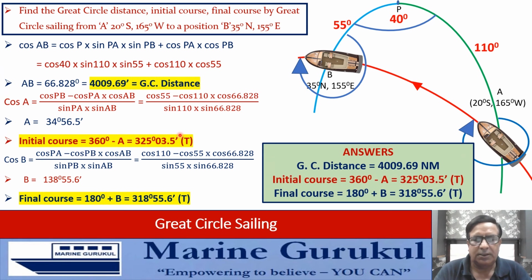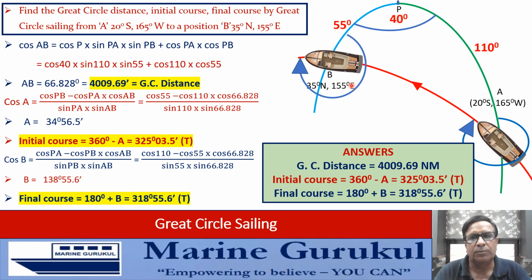We summarize our answers: GC distance, initial course and final course. Now this one has been specially taken because here the vessel is moving across the 180th meridian, so you have to be careful. Though vessel started from westerly longitude, arrived at easterly longitude, but D long was west. Why?